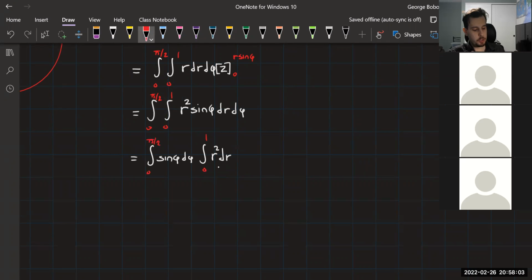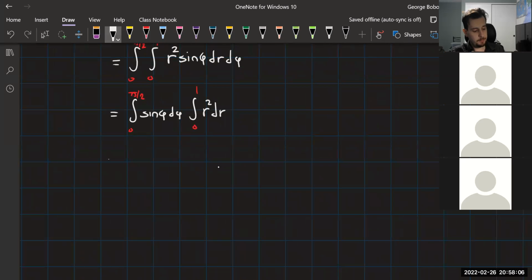If I go ahead and do them, I have to be careful. This came from a negative cosine. I'm going to absorb the negative in the bounds, so I'm going to go from pi over 2 to 0. And this guy here is obviously r cubed over 3, and I'm going to evaluate him normally.